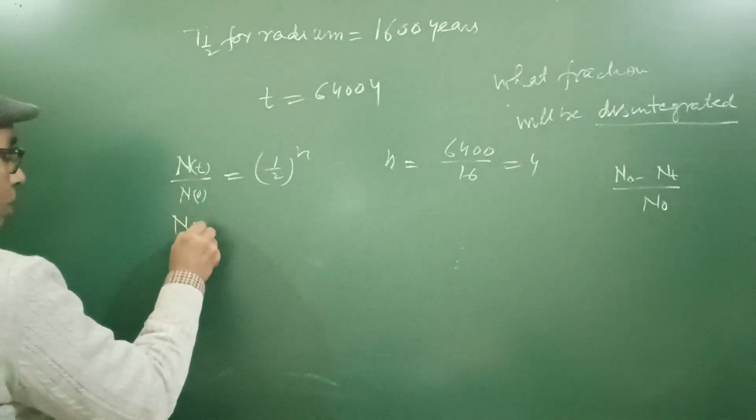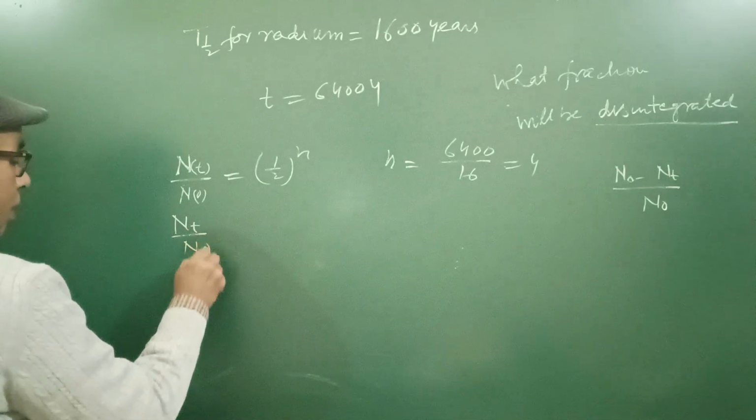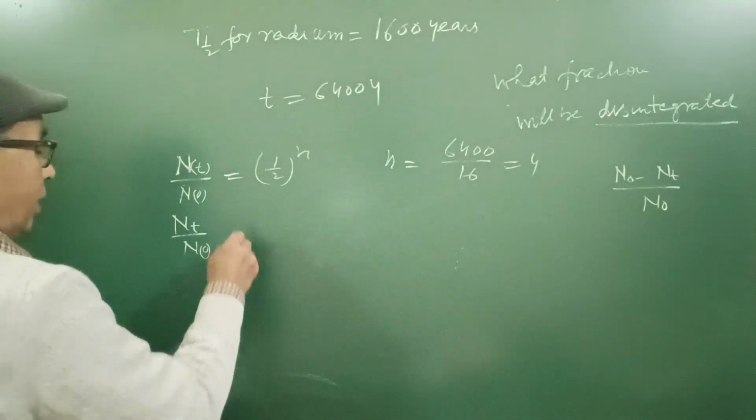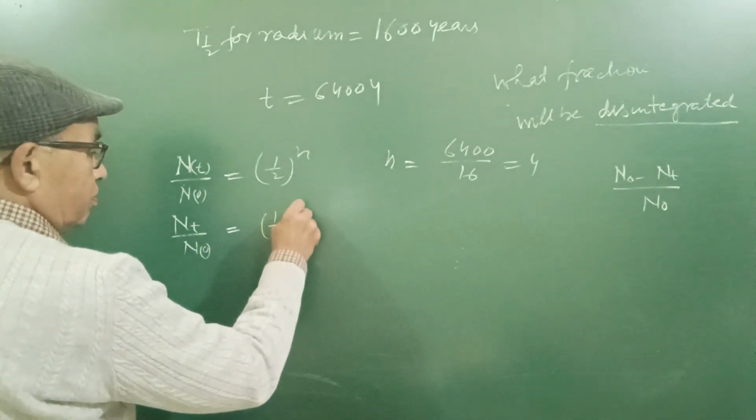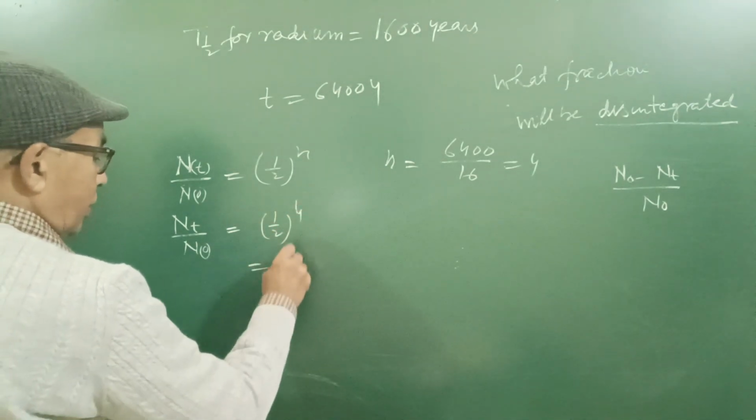So NT upon N0, which is left undecayed, will be 1 upon 2 to the power 4, that is 1 by 16.